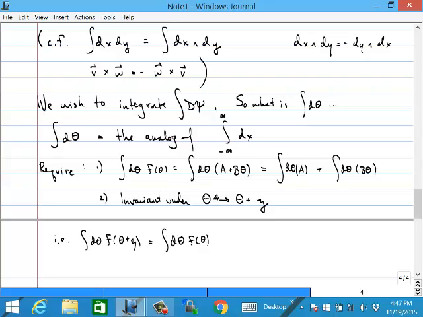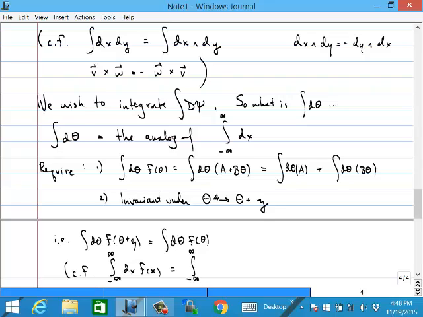In order to motivate this, I'm going to remind you that if we were doing a normal integral of some function of x, then we could always shift the integration variable by shifting x to x minus y, say.